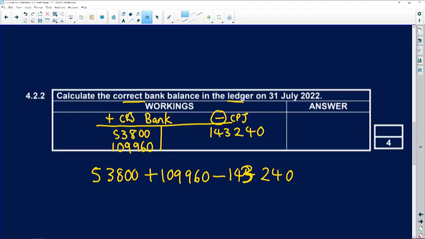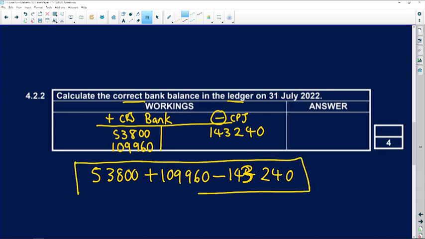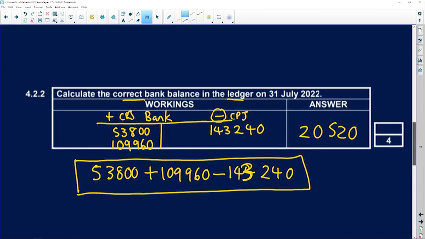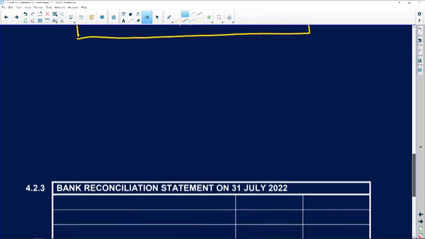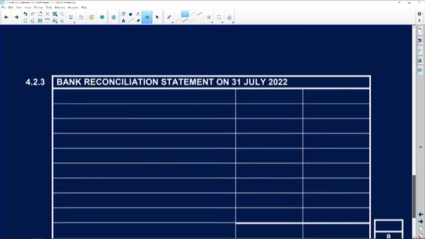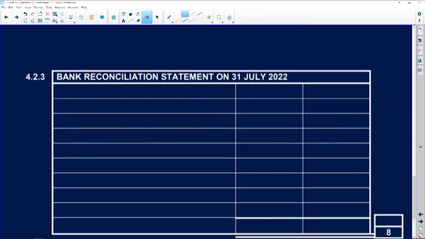And that's going to give me my bank balance. If you put this on your calculator, which I'm not going to do, your correct bank total should be 20,520. Okay, right, let's move on to the last part of the question that wants you now to draw up a bank reconciliation statement at the end of July.